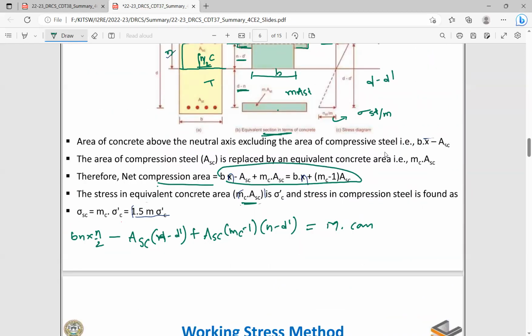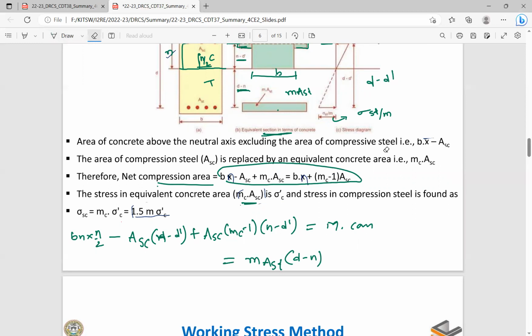Now the moment of tensile area will be equal to m into AST. We are taking moment about the neutral axis, so the moment of tensile area is m into AST, located at a distance of d minus n from the neutral axis. So if we equate these two, you will develop the neutral axis.